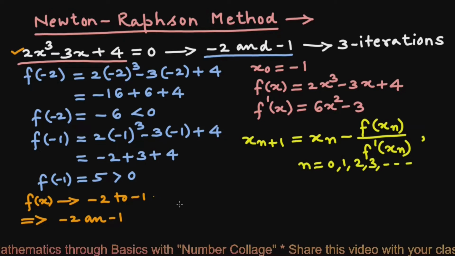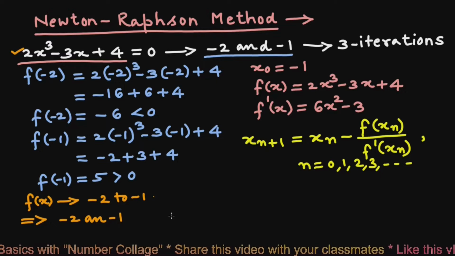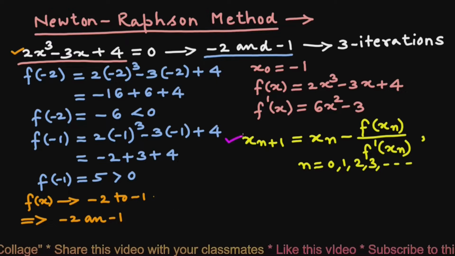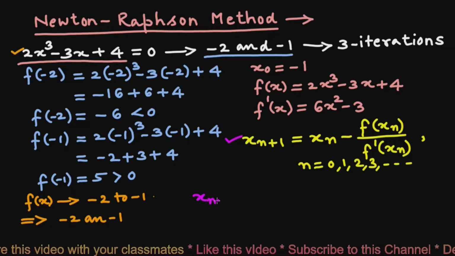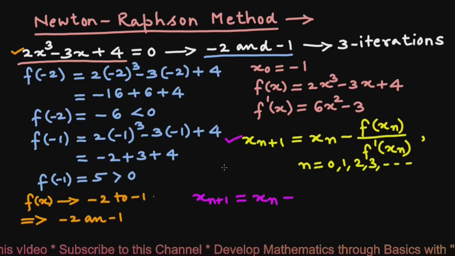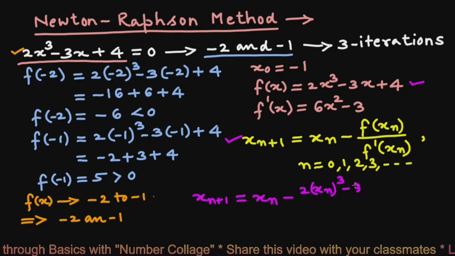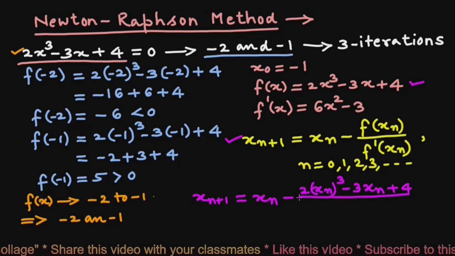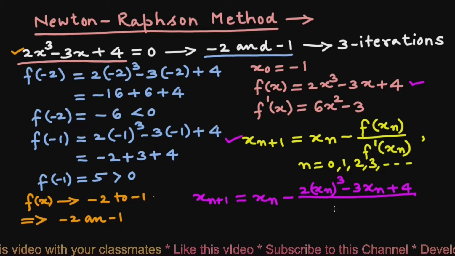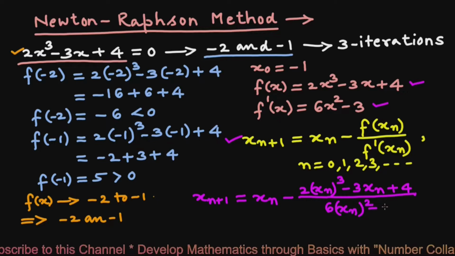Let us write the iterative formula by Newton Raphson method: x of n plus 1 equals xn minus f of xn, which is 2 xn cubed minus 3 xn plus 4, upon f dash xn, which is 6 xn squared minus 3.